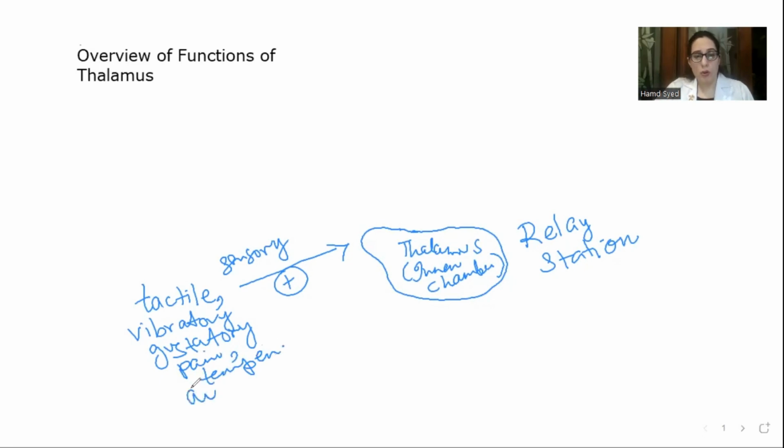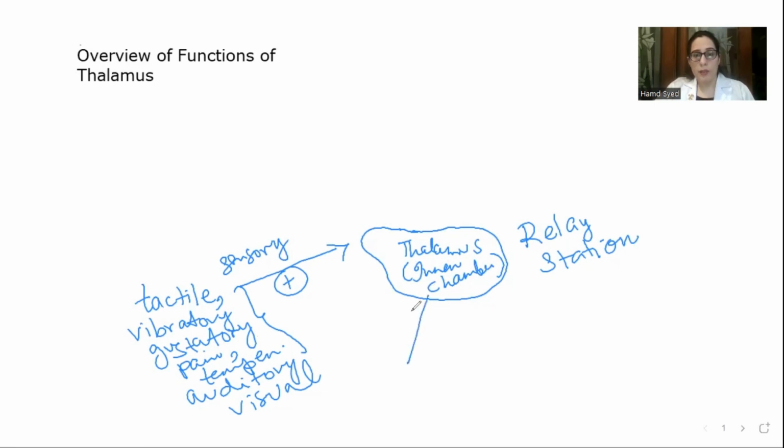And also the auditory and visual stimuli. So there are the different sensory information which is coming into this thalamus over here. And remember, there are different tracts within the spinal cord which are bringing this information, like the tactile and the vibratory sensations are brought by the dorsal column medial lemniscal system, whereas gustatory sensations are brought by the trigeminal lemniscus. Pain and temperature sensations are being conveyed by the spinal lemniscus.